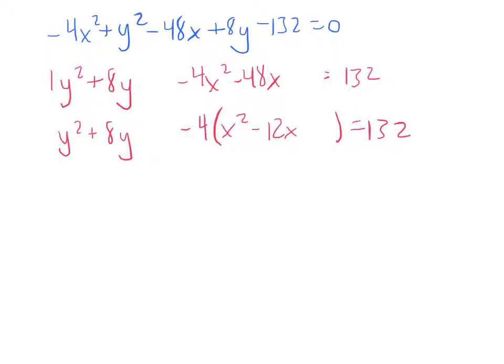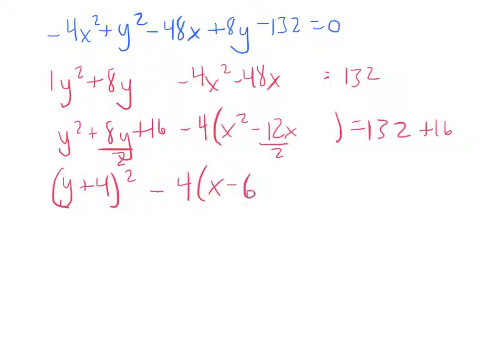So here I'll divide by 2, I'll get y plus 4 squared, and then since I have 4 squared there, I have to add 4 squared up here, or 16. So I'll add 16 to both sides. Then I'll subtract 4 times x minus, divide that by 2, 6 squared. So that means I'll add 36 right here.